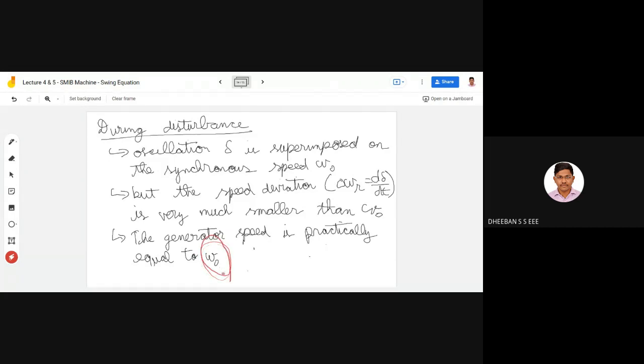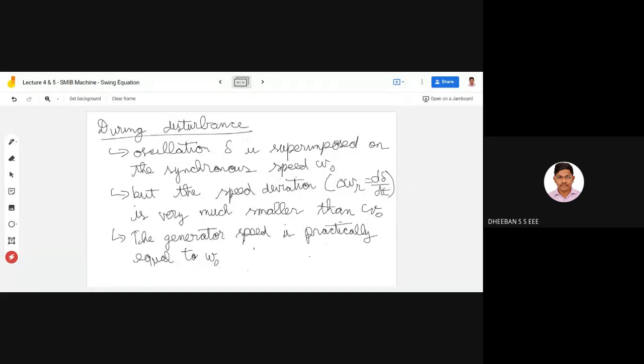Yes, of course it is, because all your synchronous generators will be rotating at synchronous speed. It is a must. Your synchronous generator has to rotate at the synchronous or rated speed in order to have a smooth operation. So that's another inference.